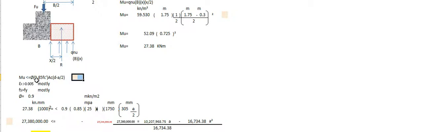Use this formula to calculate a based on ultimate moment is equal to or less than phi times 0.85 times Fc times b times a times d minus a over 2. The strain of concrete is greater than 0.005 mostly, and Fs of steel is greater than Fy, and phi is 0.90.